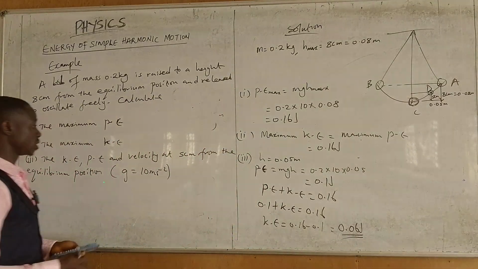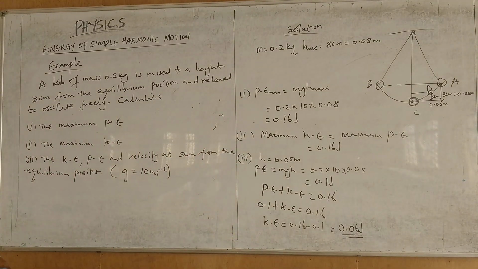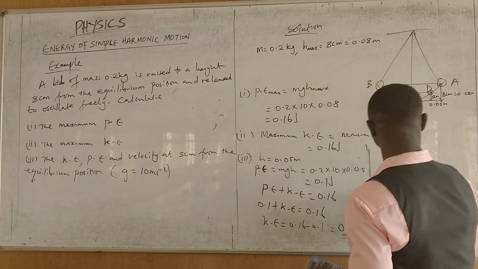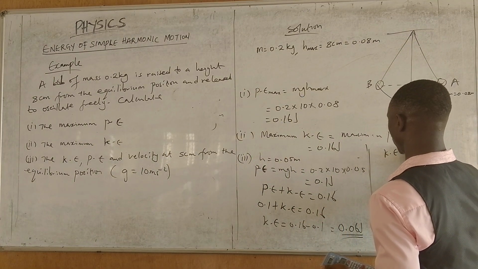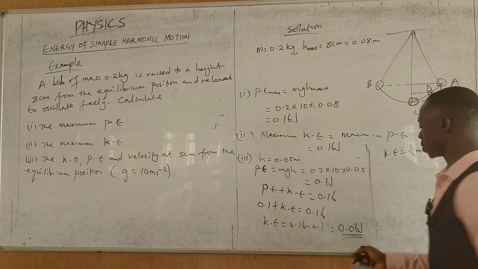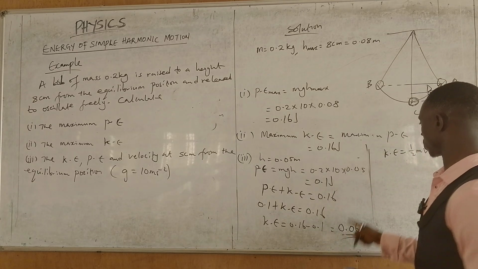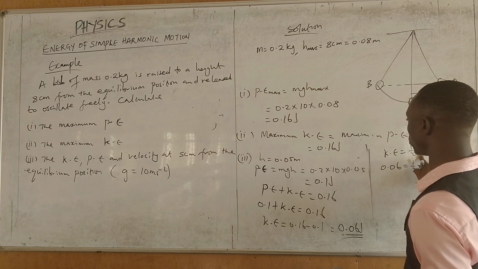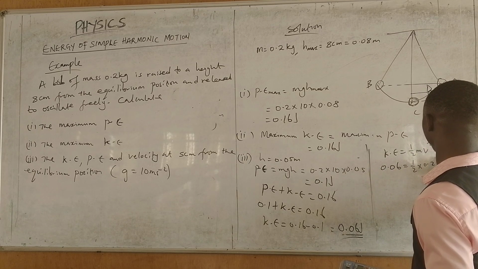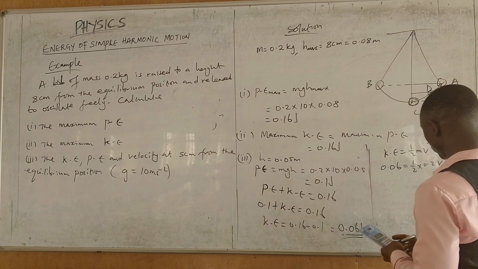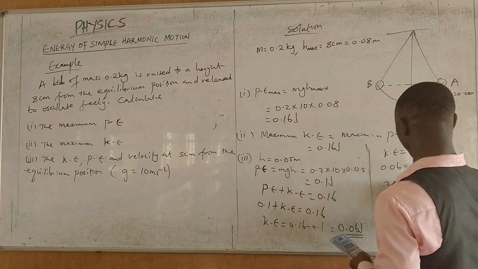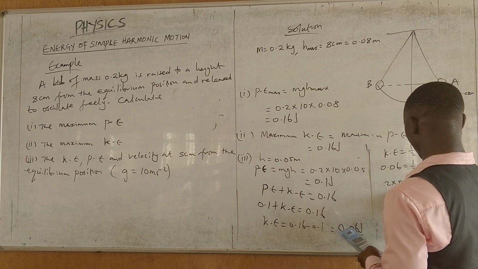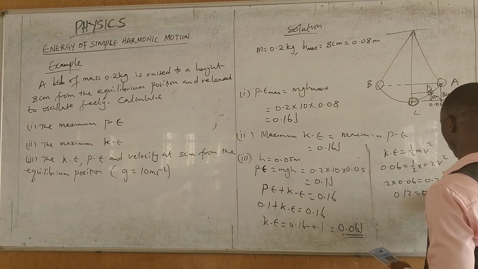But the last one asks for the velocity. Just do this to get the velocity. KE equals half mv squared. We know our KE already, so we substitute: 0.06 equals half times 0.2 times v squared. Cross multiplying, 2 times 0.06 equals 0.2 v squared, so 0.12 equals 0.2 v squared.